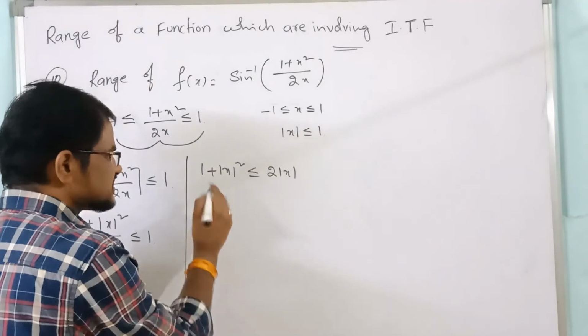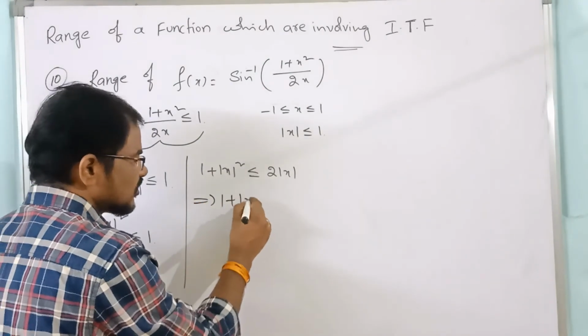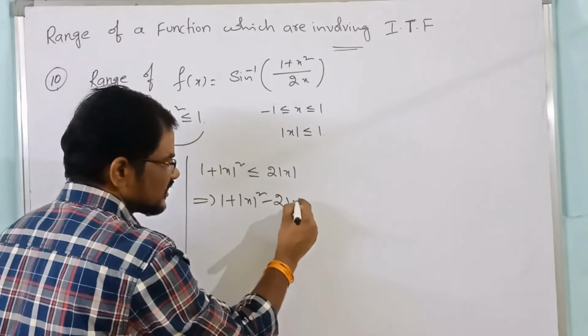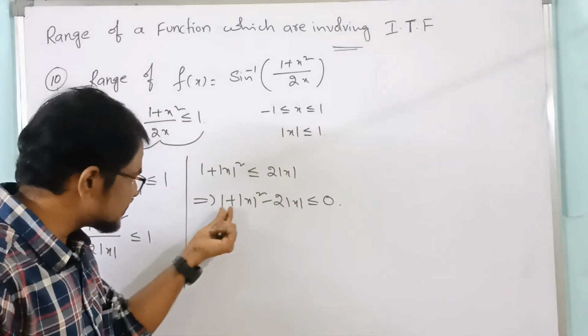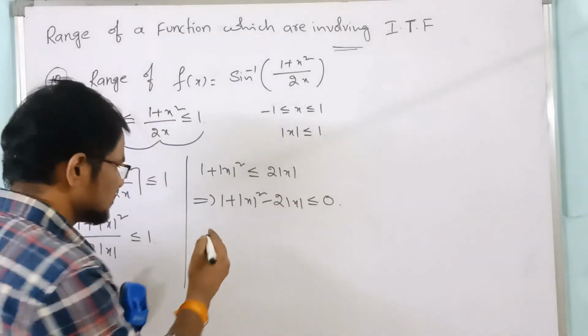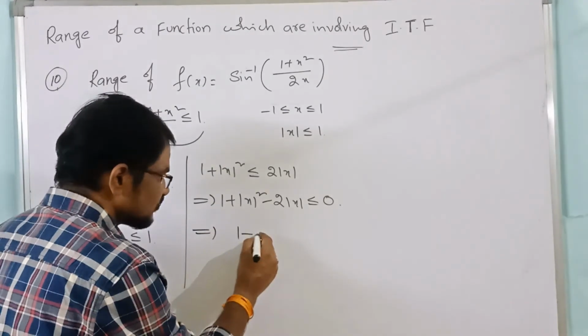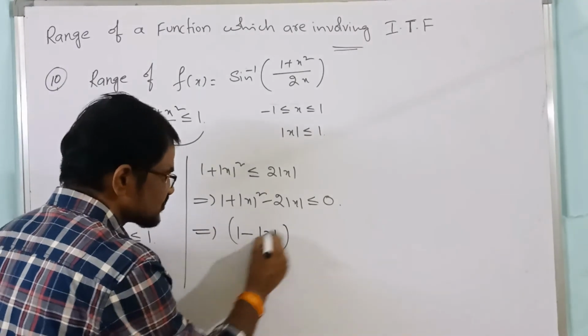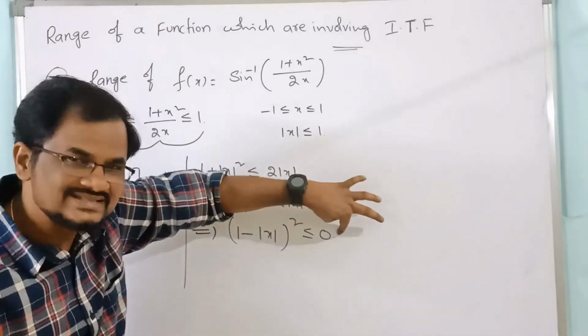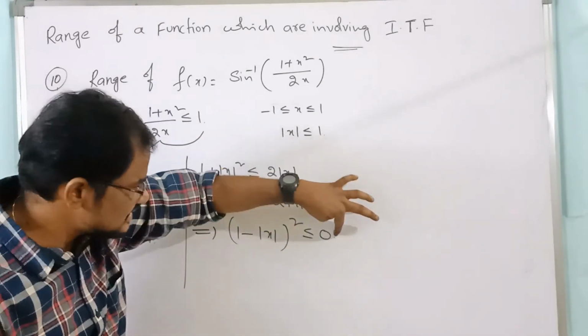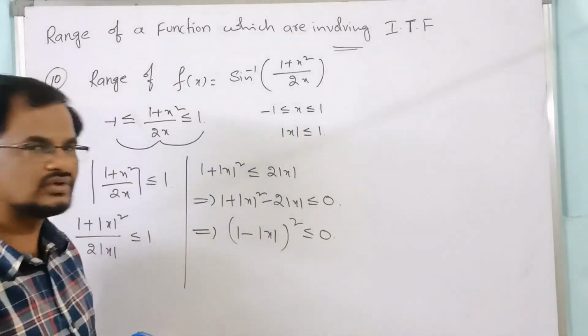Now again bring this side, that implies 1 plus mod x square minus 2 mod x less than or equal to 0. Now it is in the form of a square plus b square minus 2ab. So simply it can be written as (1 minus mod x) whole square less than or equal to 0. But a square is not less than 0. It is not less than 0, which means definitely it is equal to 0.